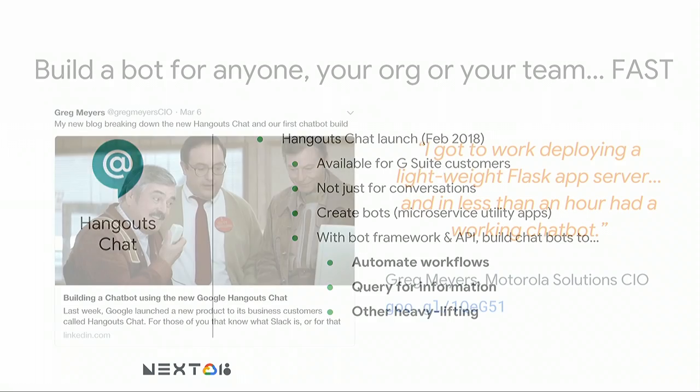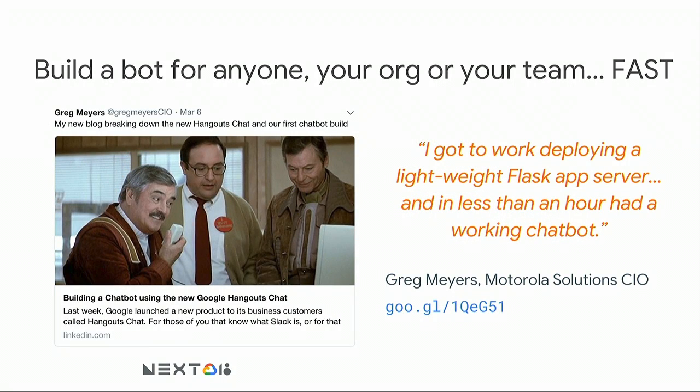Okay, a little bit of motivation for all you technical leaders out there. This was written by the Motorola Solutions corporate VP and CIO. He published this blog post 6 days after we launched, and he wasn't even a test partner. He was able to do something quite amazing.